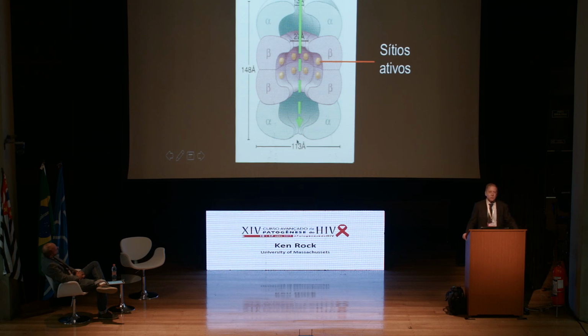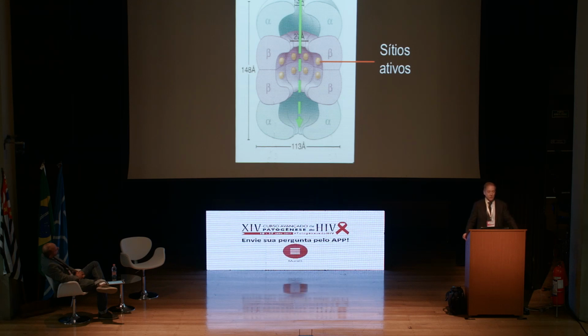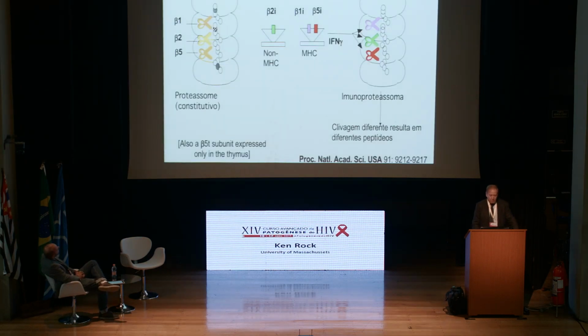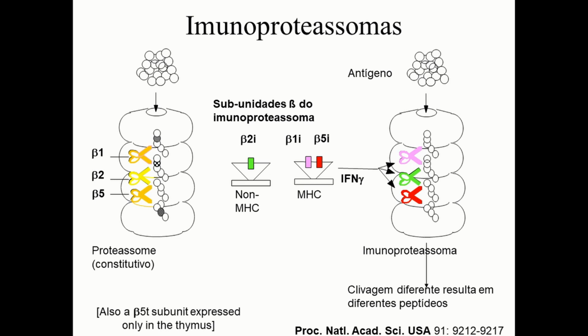Now, when the immune system evolved and decided to use this as a source of looking at what a cell made, because everything the cell made got broken down into peptides, it also evolved mechanisms to modify this. And what it made was a distinct form of proteasome that we call the immunoproteasome.